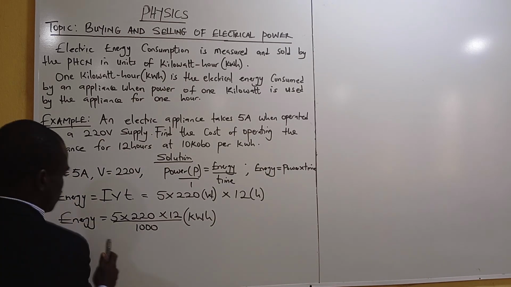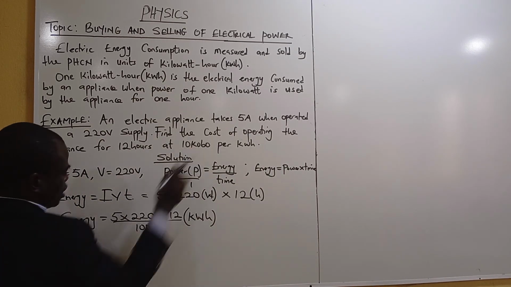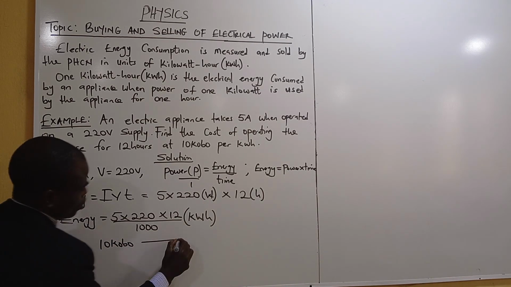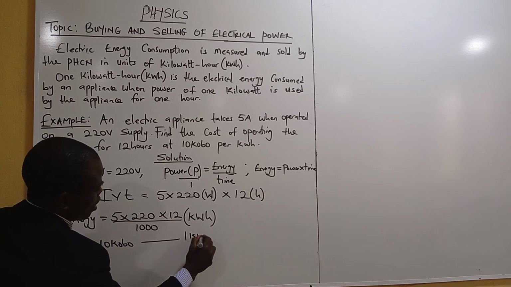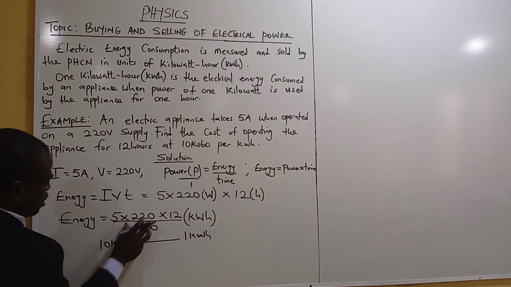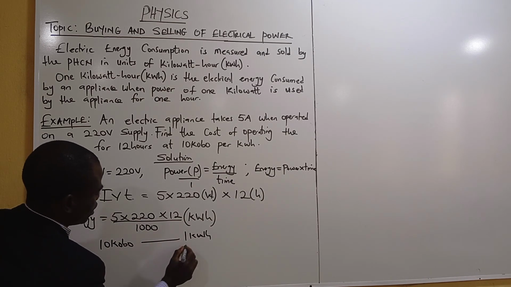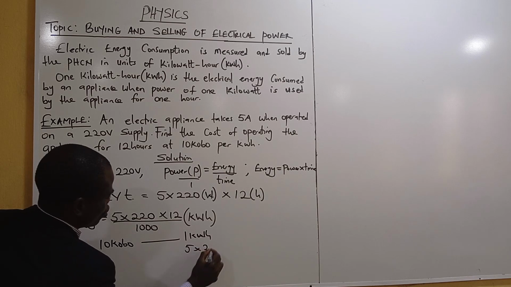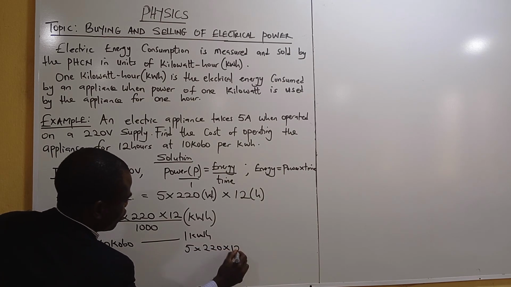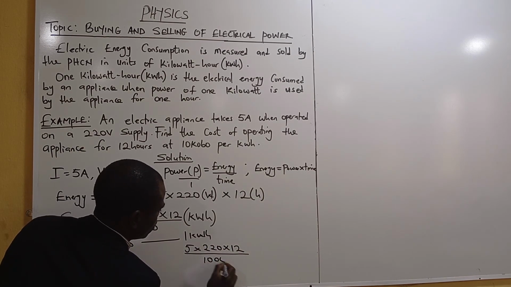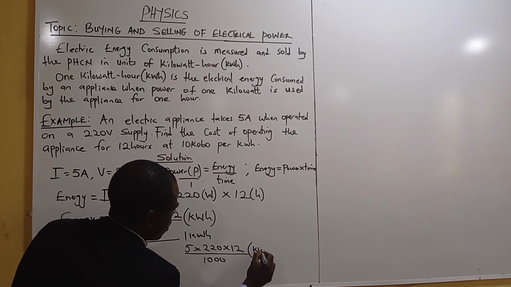Let's take this one: 10 kobo goes to 1 kilowatt hour. This one, let's know the price. Bring it to this side: 5 times 220 times 12 divided by 1000. This one is in kilowatt hour.